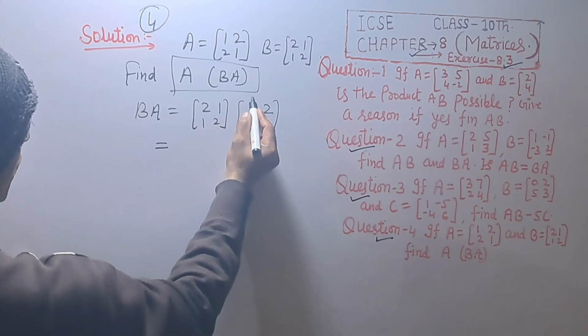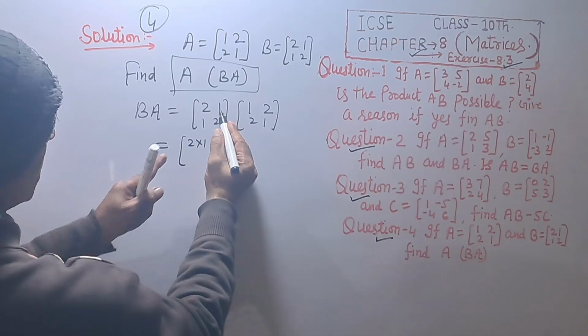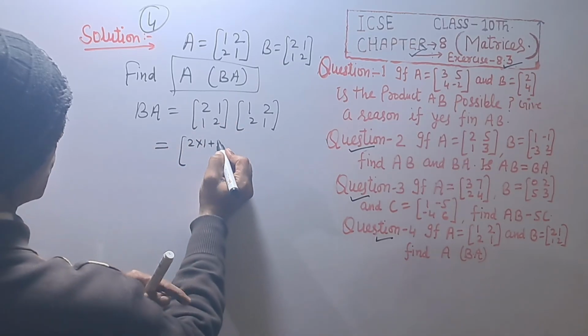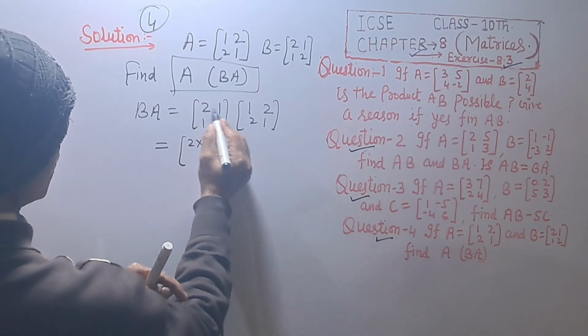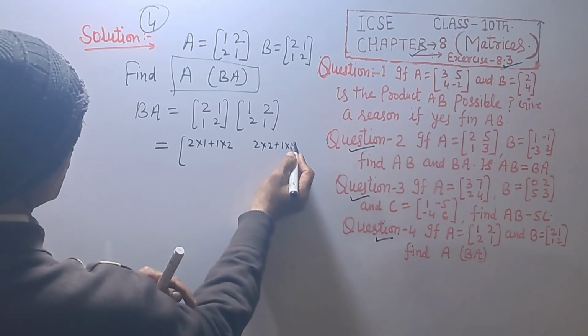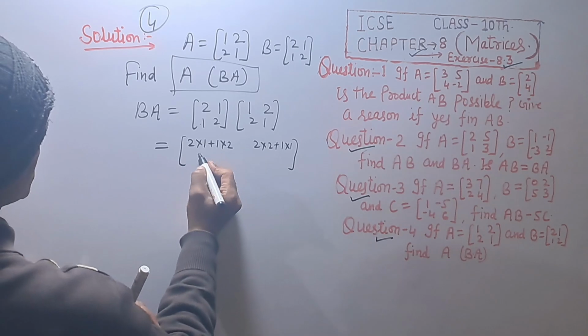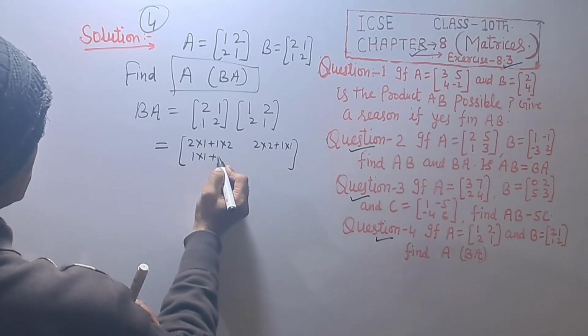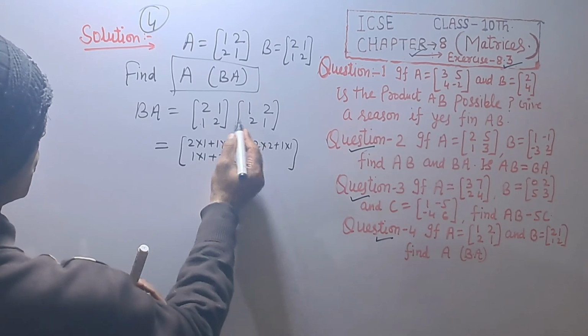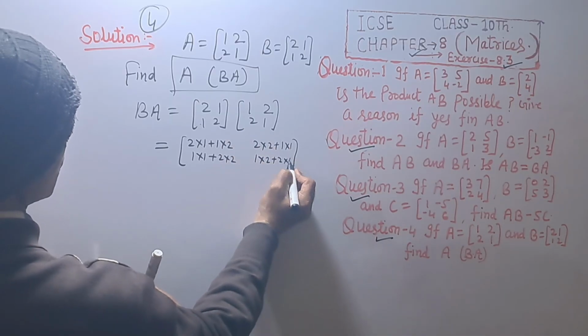That is first row first column, 2 into 1 plus 1 into 2. 2 into 2 plus 1 into 1. Then second row multiply by first column, 1 into 1 plus 2 into 2. 1 into 2 plus 2 into 1.